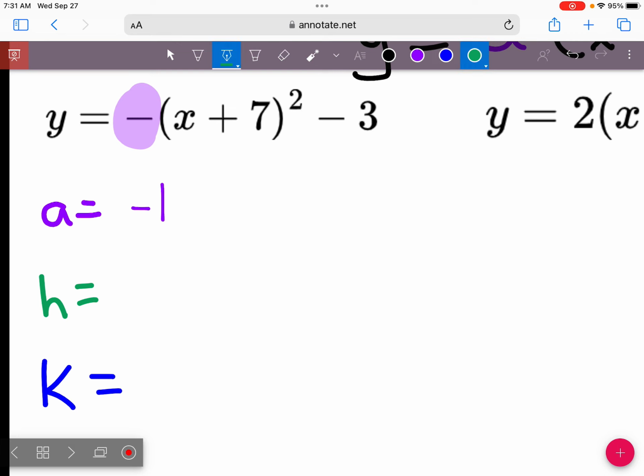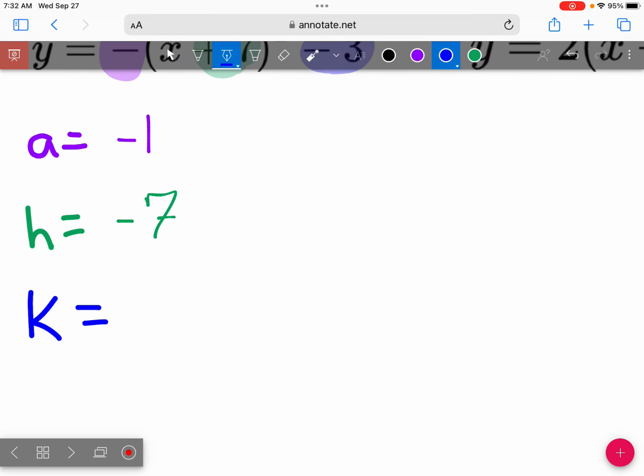My H is always inside, and with the opposite sign, so it's going to be -7. And K? -3. So we're just identifying those pieces right now.